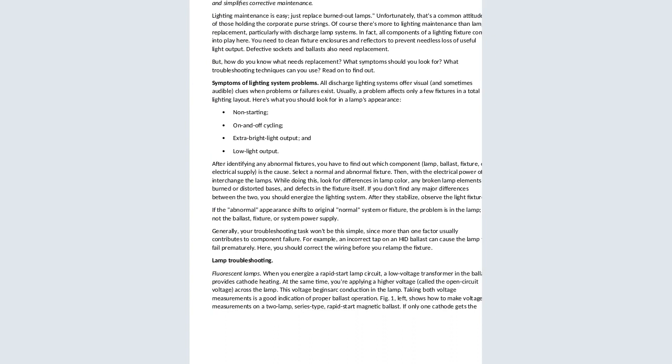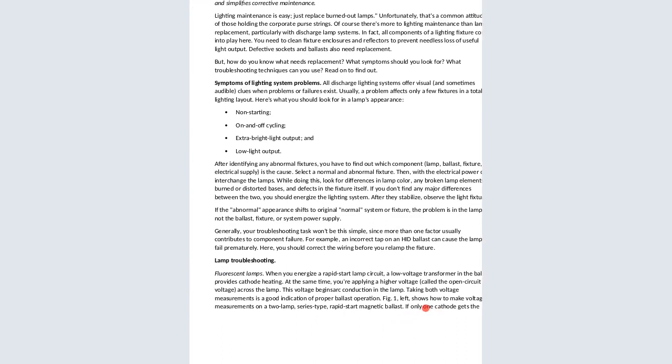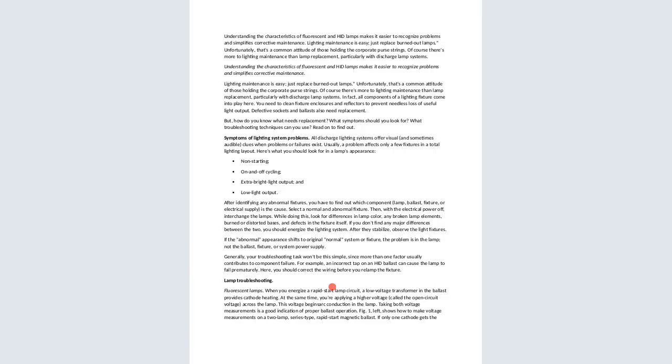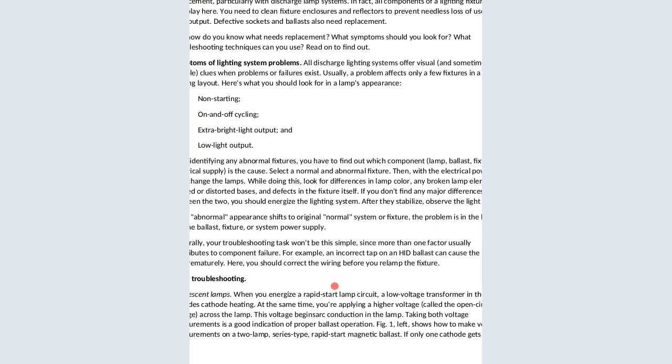How do I troubleshoot a fluorescent lamp? When a fluorescent lamp is energized, in a rapid start lamp circuit, a low voltage transformer in the ballast provides cathode heating. At the same time, you are applying a higher voltage, called the open circuit voltage, across the lamp. This voltage begins the arcing condition in the lamp.